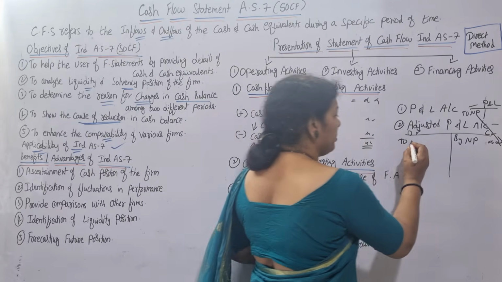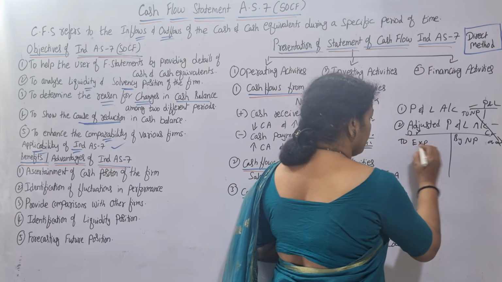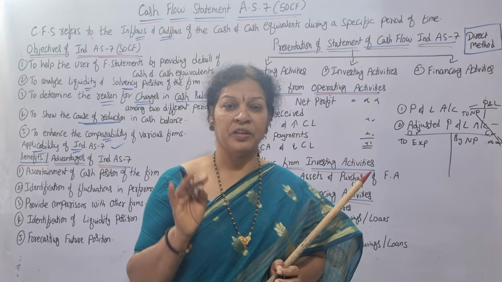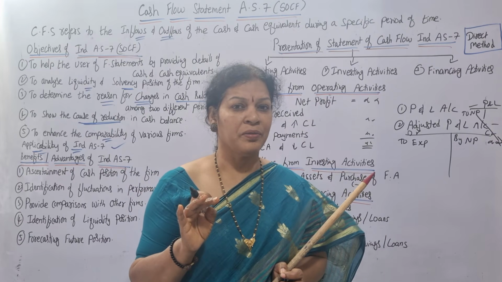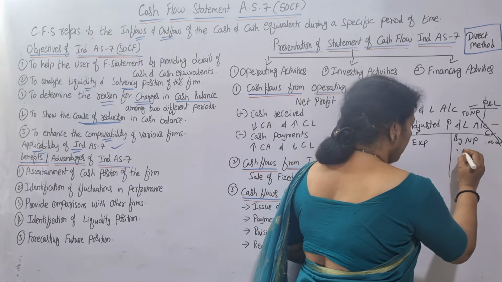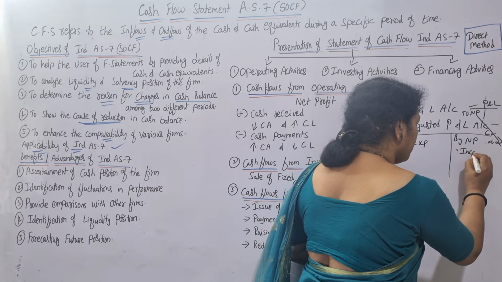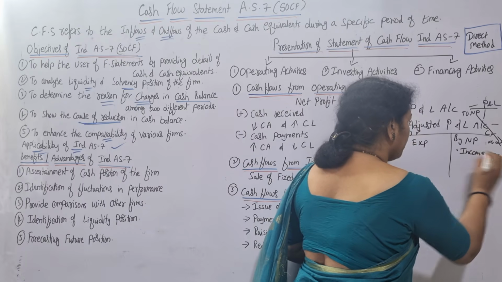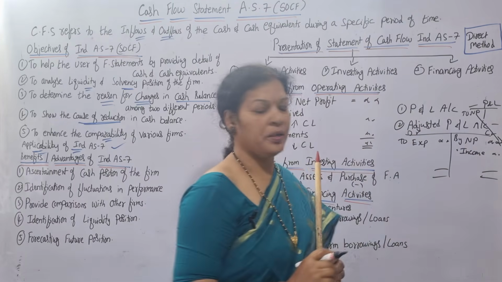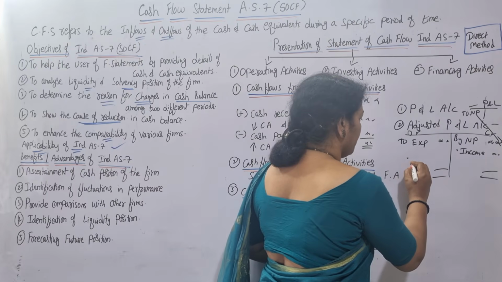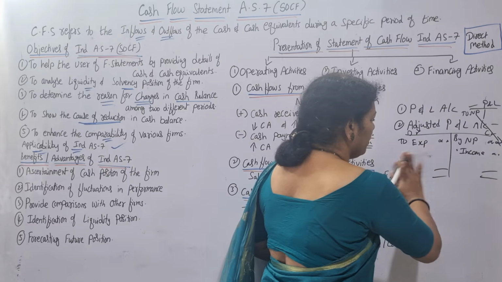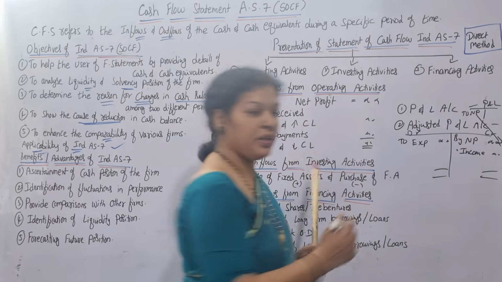Those expenses will be written on the debit side, like provision for depreciation or depreciation, loss on sale of asset. In the same way, profit on sale of asset here, and any other income, dividend or any other income will be written. At the end, you will be getting the net profit or net loss. Operating profit we will say, or whatever it may be.